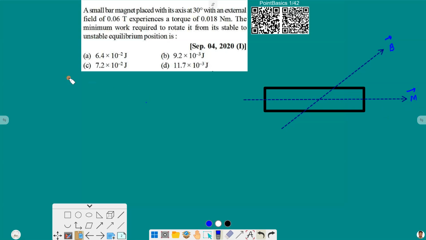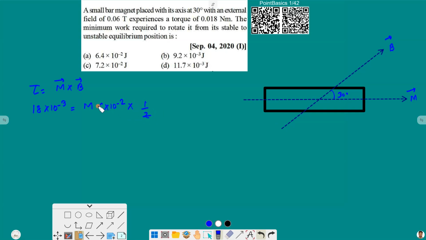Now we know that torque for any magnet is given by M cross B, and as mentioned the angle between these two is 30 degrees here. The value of torque is also given, that is 18 into 10 raised to power minus 3, equals M cross B. B is 6 into 10 raised to power minus 2 into sine of 30, and sine 30 is half.